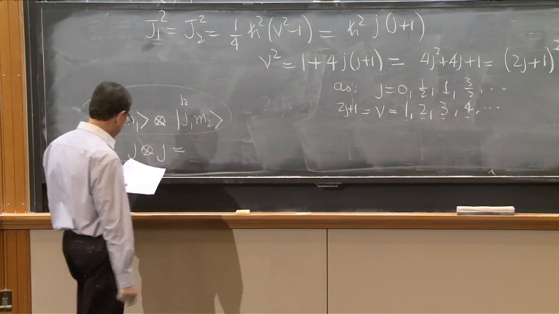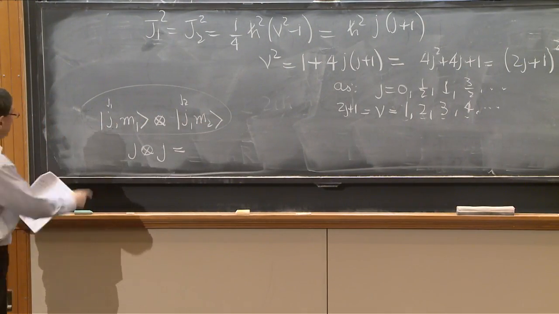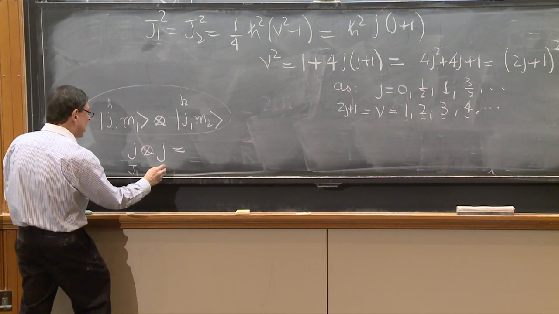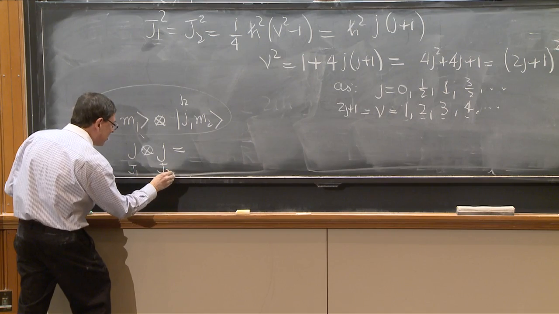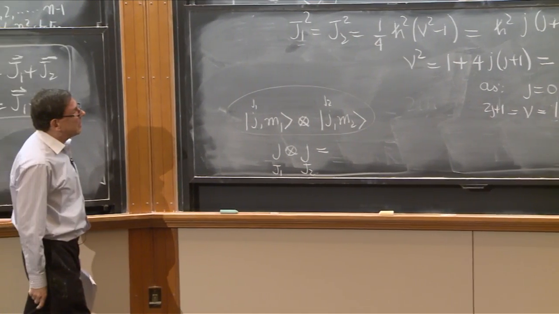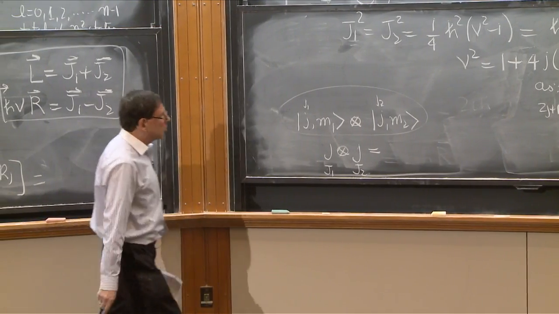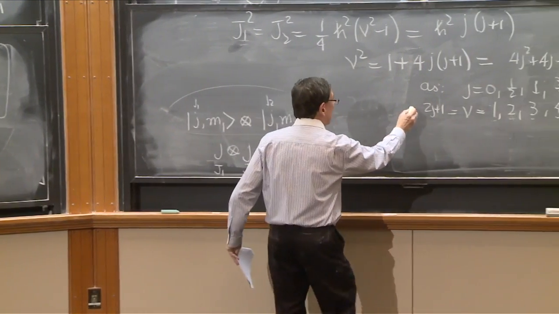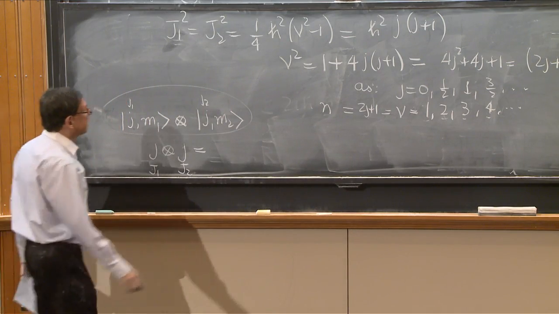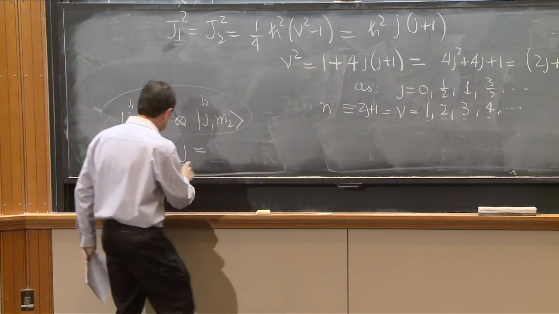The first j is for J1, the second j is for J2. And at this moment, of course, we're calling this n for the quantum number. But what is this thing?